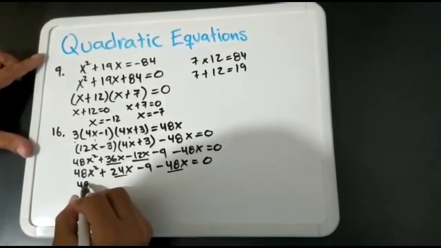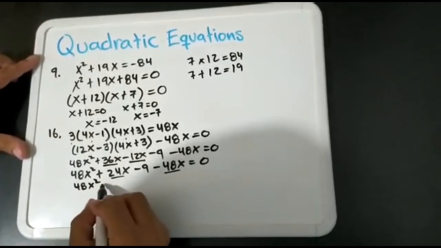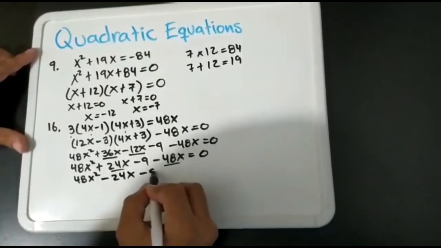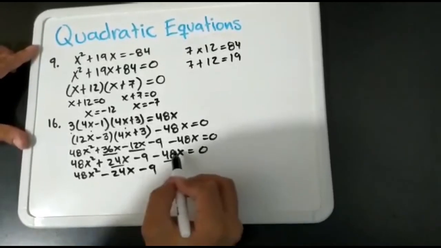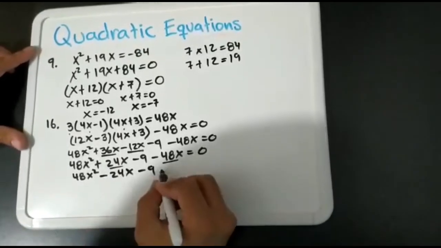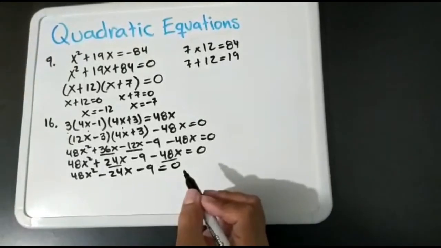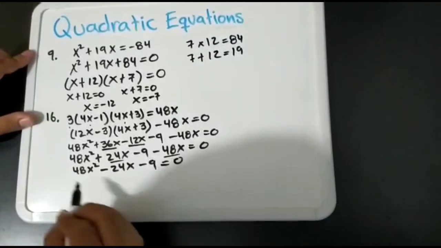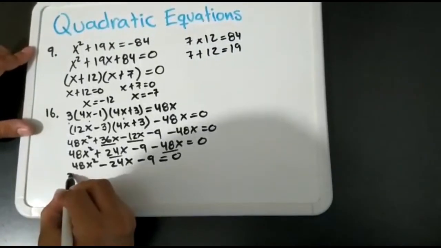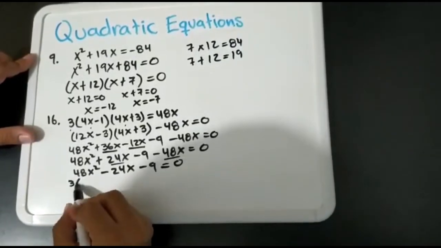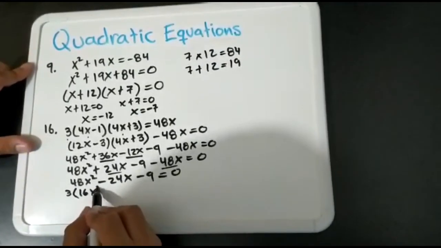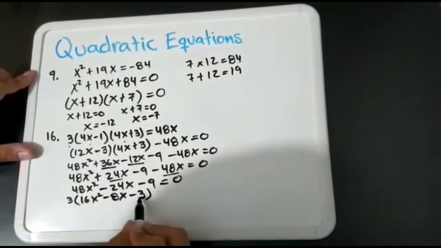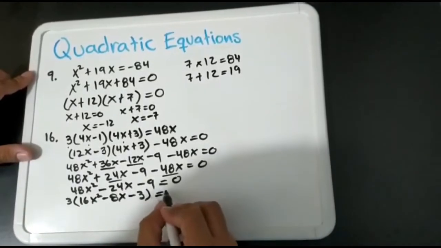For those like terms, we're going to have 48x squared minus 24x minus 9, because 24 positive minus 48 is going to be minus 24x, everything equal to 0. When we look at these three numbers, 48, 24, and 9, we find that they are multiples of 3. For that reason, we're going to take common factor 3, that is going to be 16x squared minus 8x minus 3. It means we divide everything by 3 for finding the common factor 3, equals 0.